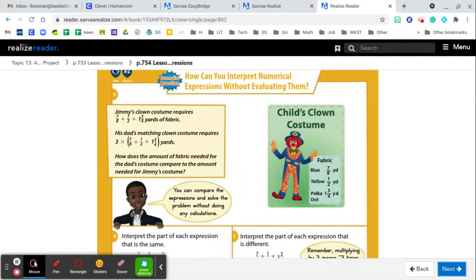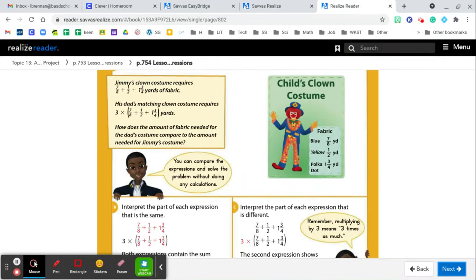Jimmy's clown costume requires 7/8 plus 1/2 plus 1 3/4 yards of fabric. His dad's matching clown costume requires 3 times 7/8 plus 1/2 plus 1 3/4 yards. How does the amount of fabric needed for the dad's costume compare to the amount for Jimmy's costume?